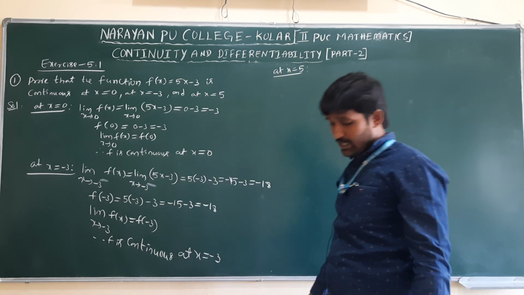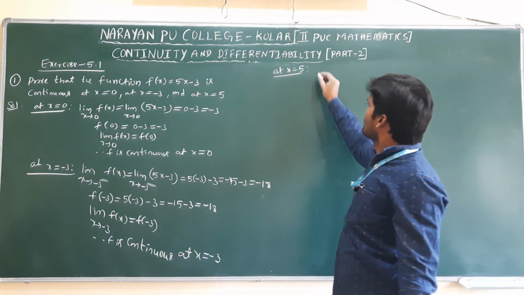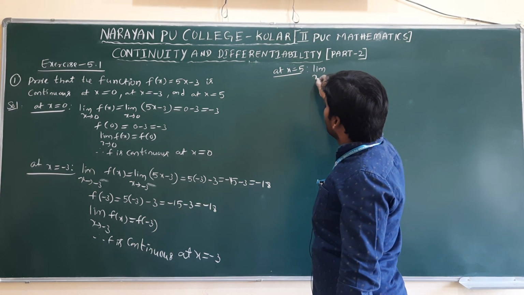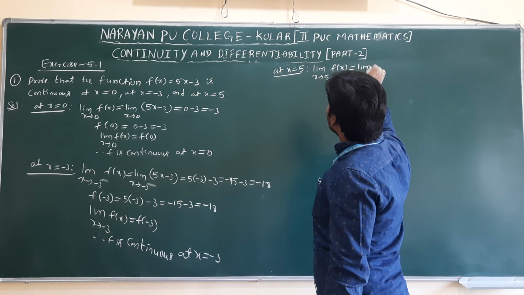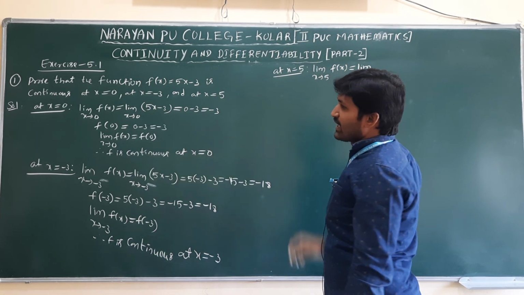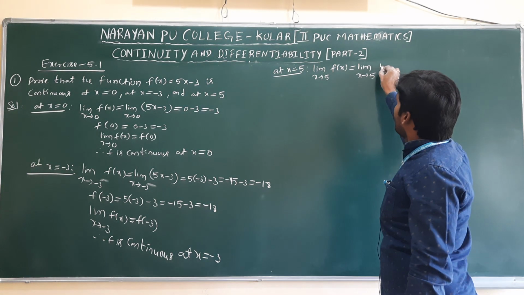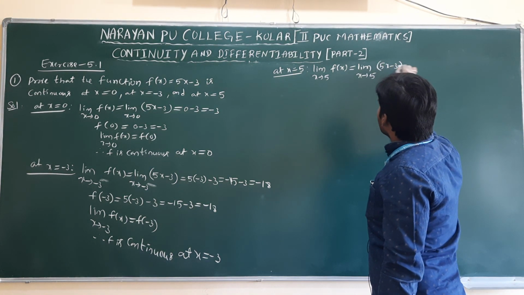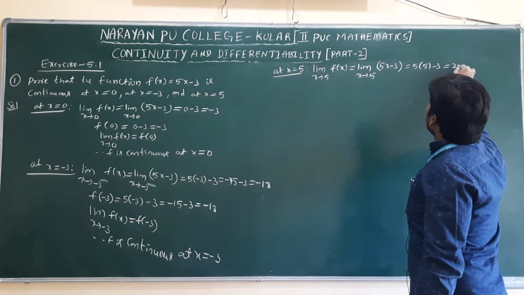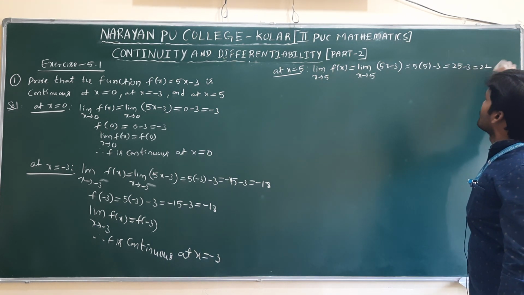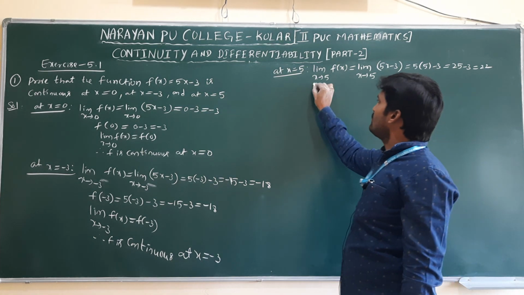Next, at x equal to 5. We need to check the continuity. Limit x tends to 5 of f of x, what is the function there? 5x minus 3. Substitute 5, 5 into 5 minus 3, 25 minus 3, that is 22.